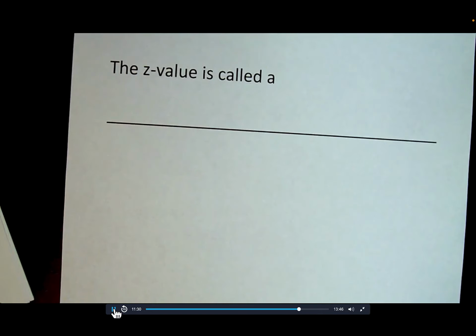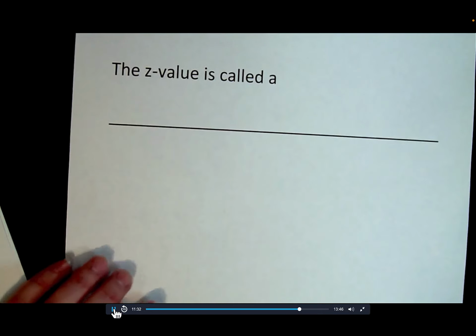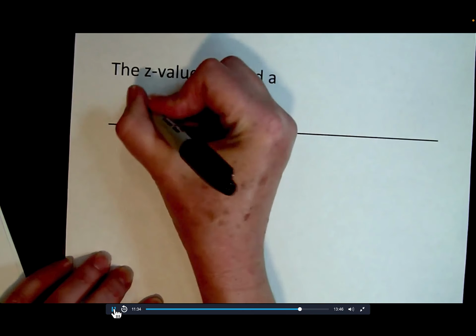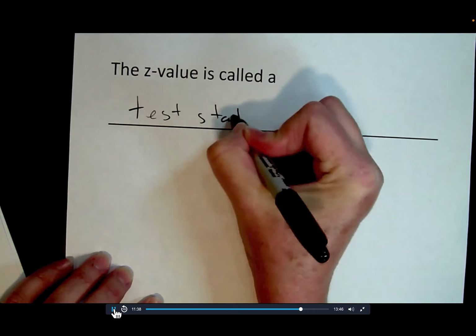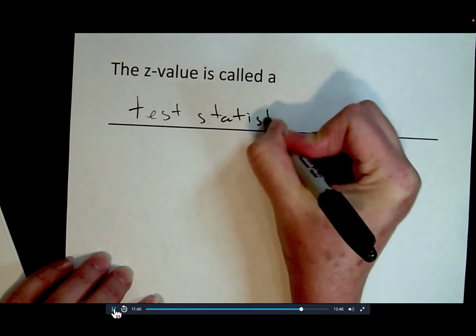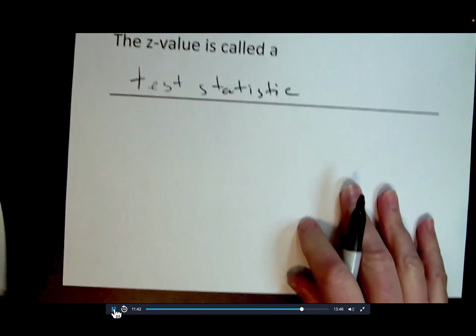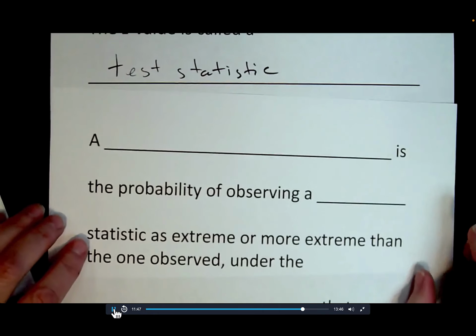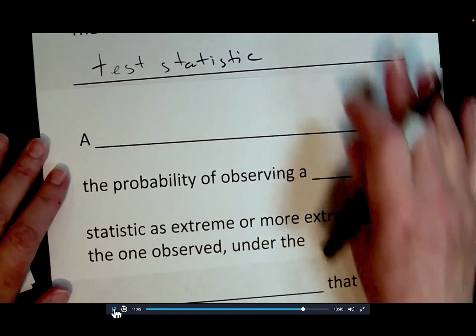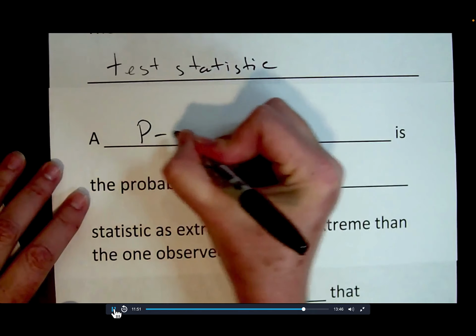Let's see. Some terminology. I had mentioned that already, but here it is again. The z-value is called a test statistic. Then that probability that we computed is called the p-value.